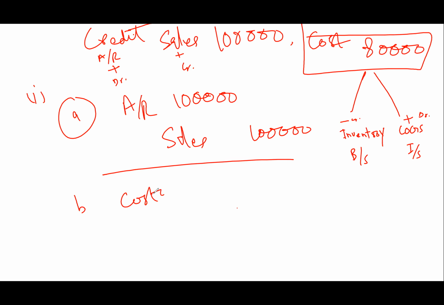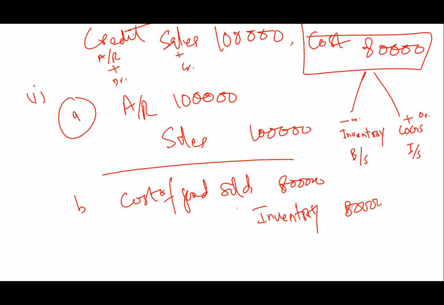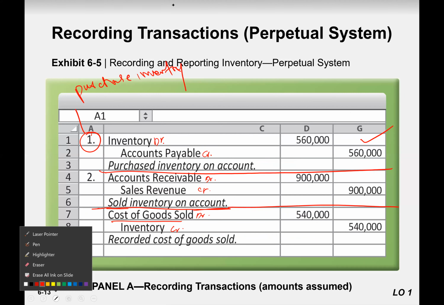So cost of goods sold to inventory, 80,000. Right? This is how we record our credit sales and cash sales. Any question? No. Good guys, let's move forward.